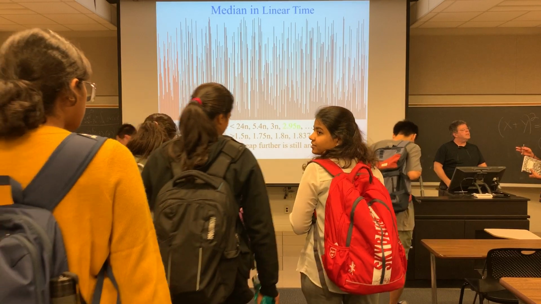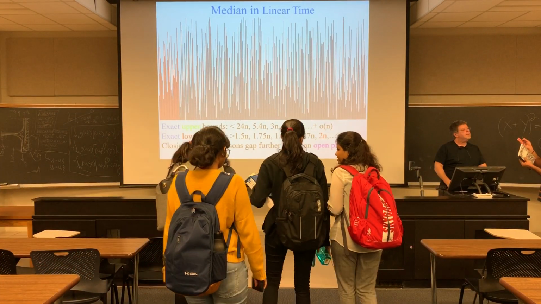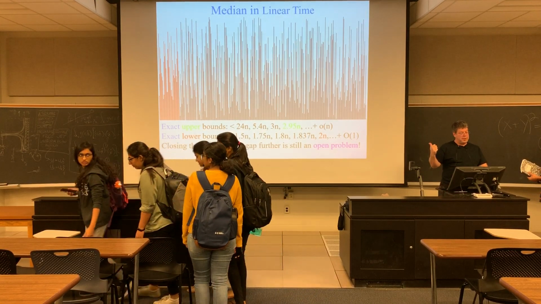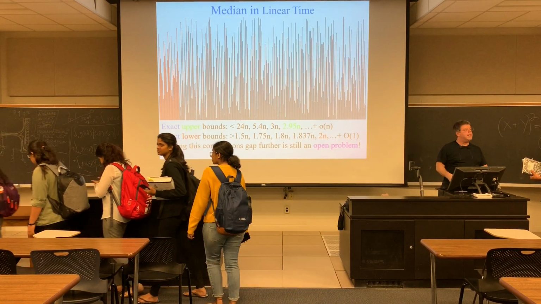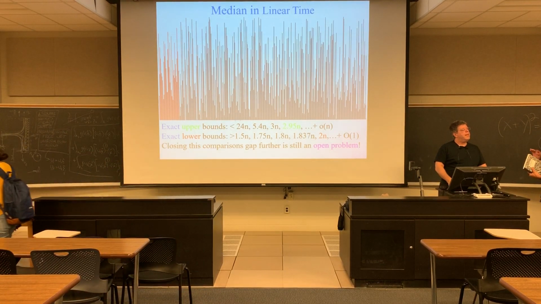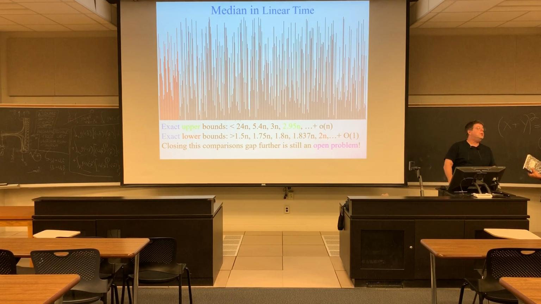The algorithm we just showed takes a heck of a lot more than 3n. So if somebody comes up with a roughly 3n algorithm for the median, with an exact number of comparisons, it'll be a lot better than what we just saw, and it'll be a major contribution.